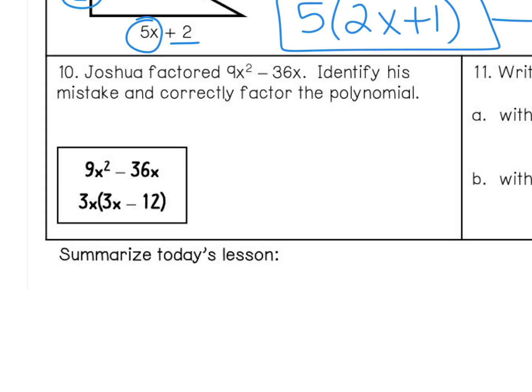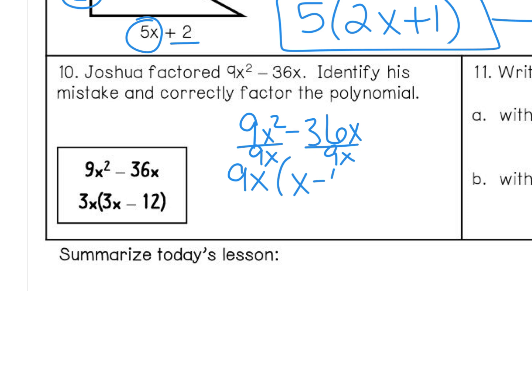On 10, can you identify his mistake? Remember when we do this, guys, do your own work and then look at what they did, because otherwise if you're looking at what they did, it kind of confuses you. What is the GCF between 9 and 36? 9. Is there a letter? Yes. 9x. So when I divide this by 9x, I am left with what? X minus 4.